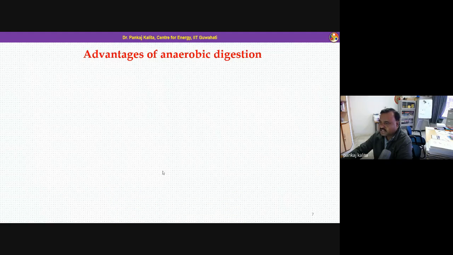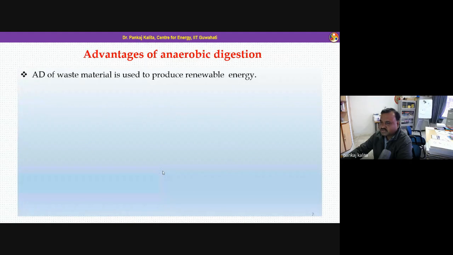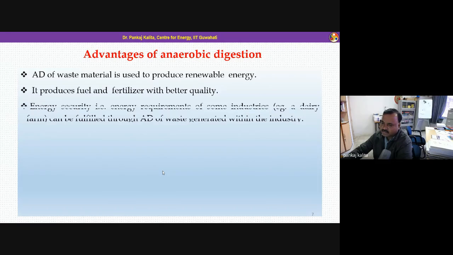So what are the advantages of anaerobic digestion? Anaerobic digestion of waste material is used to produce renewable energy. It produces fuel and fertilizer of better quality. Energy security is also one of the concerns.